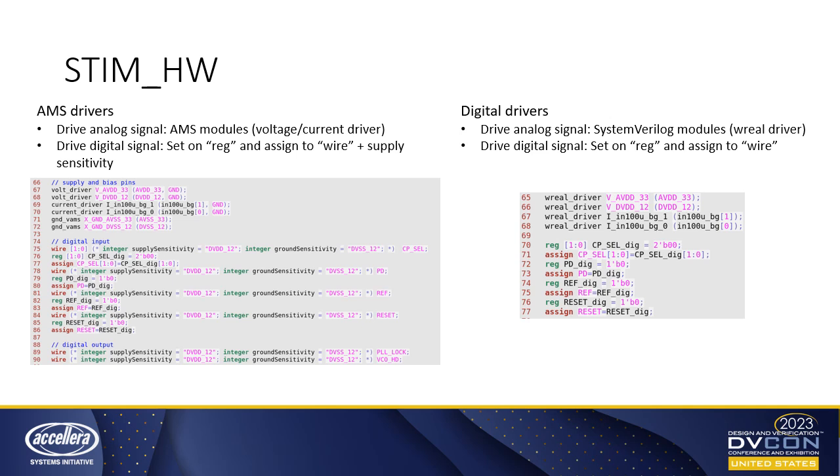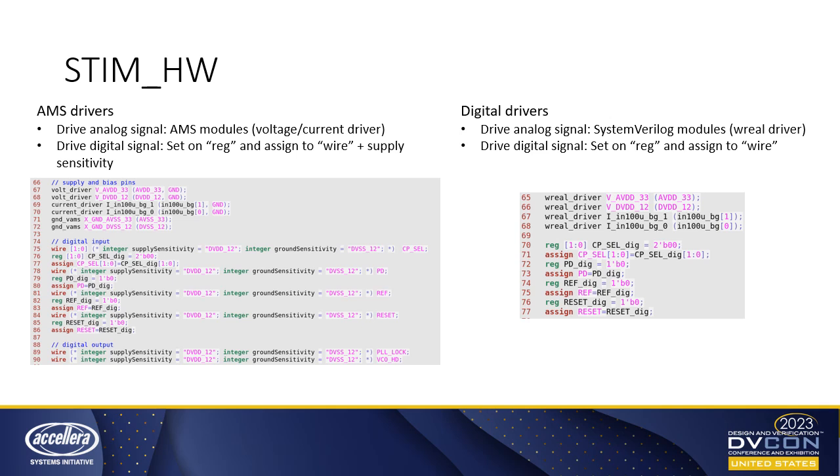This slide shows what is exactly inside the AMS drivers and digital drivers. In AMS drivers, we use AMS modules such as voltage or current sources to drive analog signals, and set digital values on reg type, and then assign them to the corresponding wire type DOT ports.